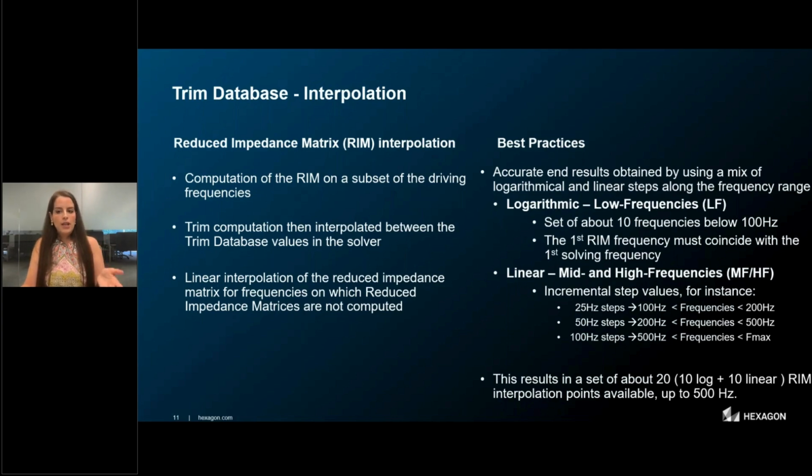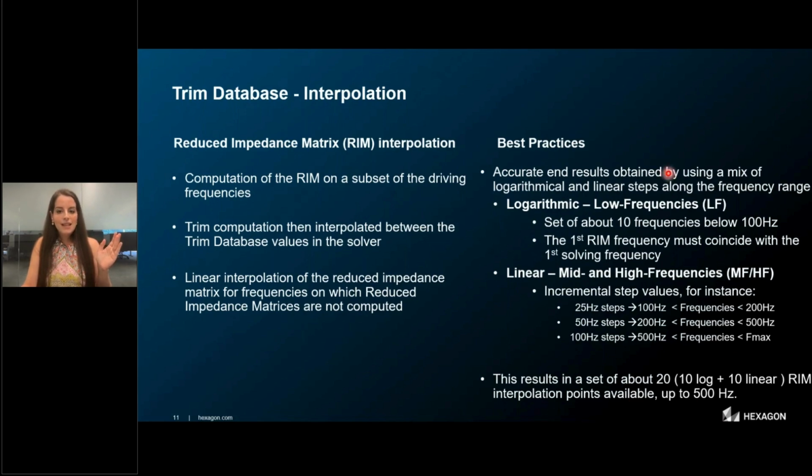So linear interpolation is used for frequencies where the RIMs were not directly computed, and that is going to fill in the gaps between the known data points. And in order to enhance accuracy, it's recommended to use a combination of logarithmic plus linear interpolation steps across the frequency range. Specifically below 100 Hertz, it's advisable to use logarithmic interpolation, as you see over here on this slide.